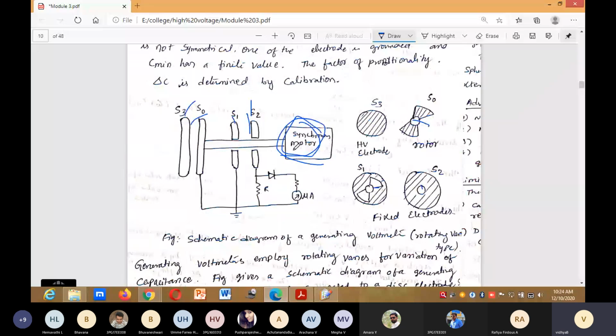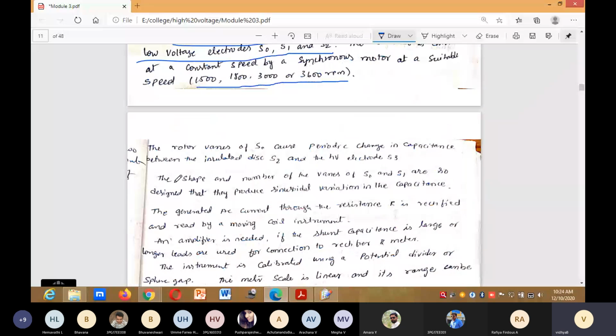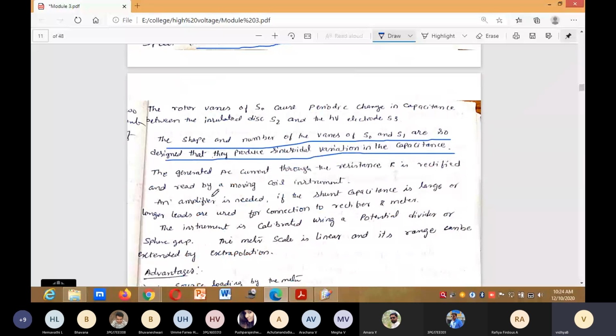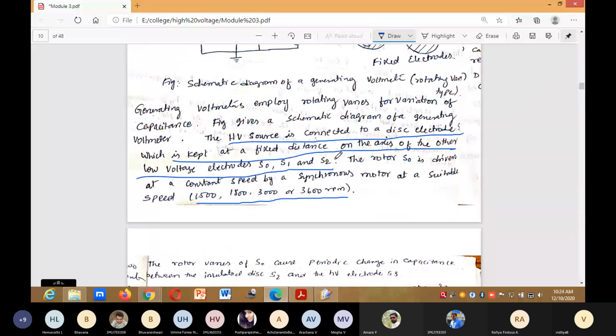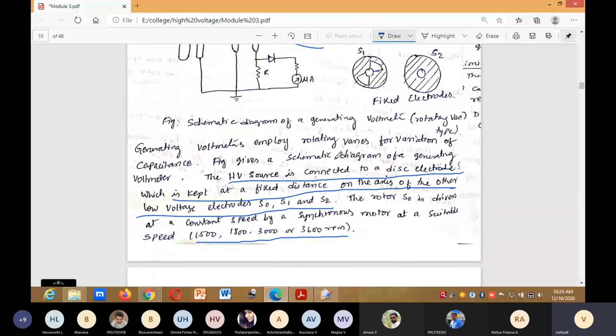The shape and number of the vanes of S0 and S1 are so designed that they produce a sinusoidal variation in the capacitance. The generated AC current through the resistance R is rectified and read by a moving coil instrument.